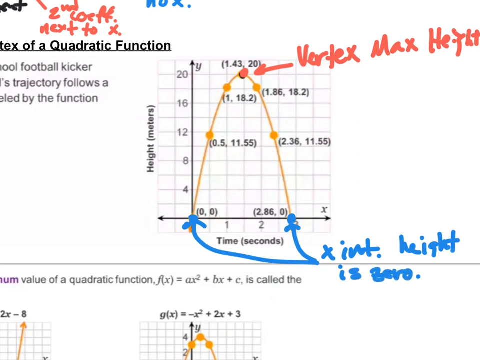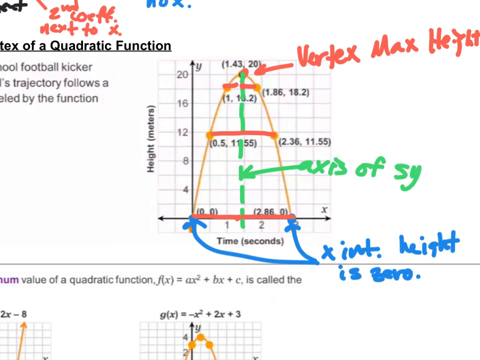The other thing I want you to see is that if I were to draw a line going from my vertex all the way down the middle of the graph, this graph is symmetric, meaning that all of the points from here to here are equidistant, and all the points here and here are equidistant. Same thing here. This axis of symmetry is important because it gives us that information.